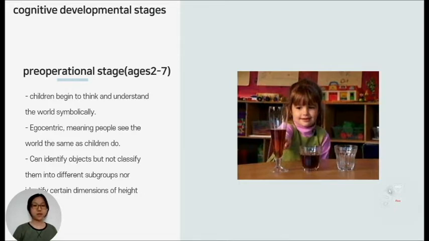They can also identify objects, but not classify them into different subgroups, nor identify certain dimensions of height and size. So as you can see in the picture here, this time a child is looking at two glasses filled with juice and trying to identify which has more and less.